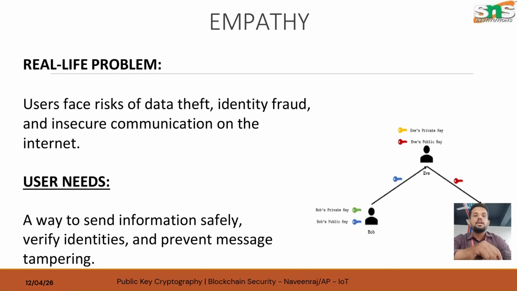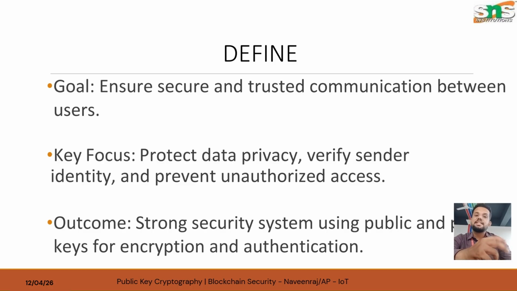For example, the code is cipher equals encrypt of message comma public key. The ciphertext is transmitted. In the decryption process, the receiver applies message equals decrypt of cipher comma private key, and the original message is recovered.